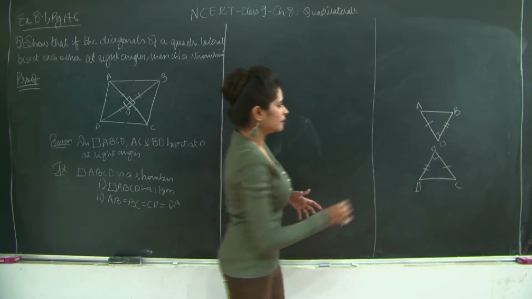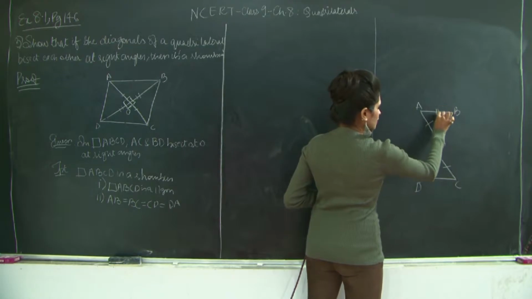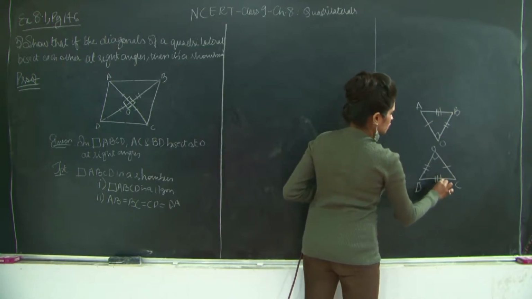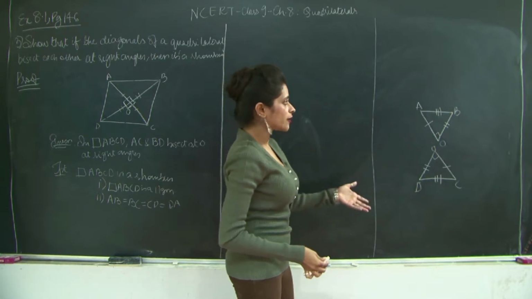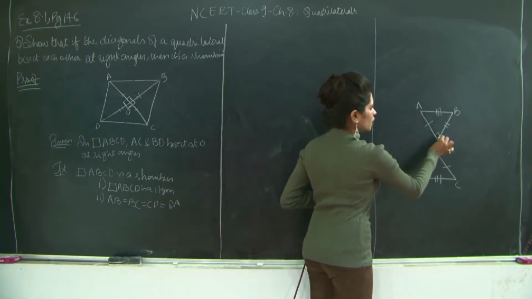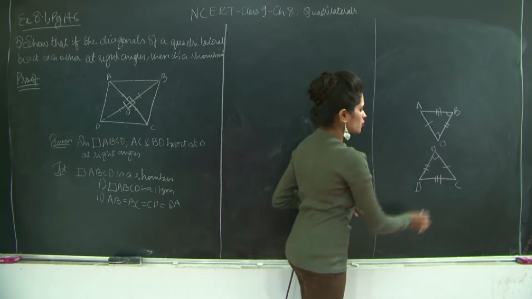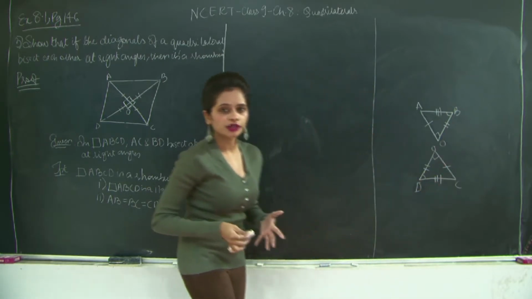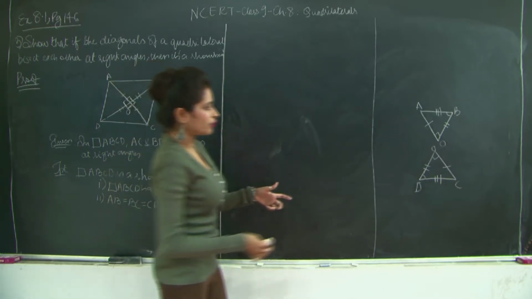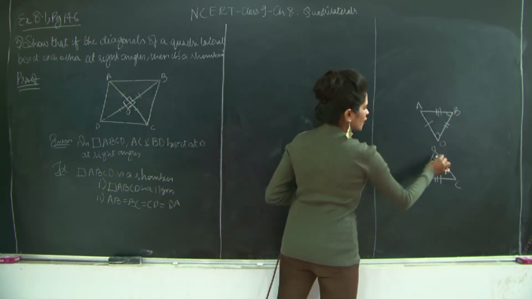Therefore, what can I say? That AB is equal to CD. Why? Corresponding pair of congruent triangles. Also, I can show that angle ABO here is congruent to angle CDO. Why? Corresponding pair of congruent triangles. So, therefore, now if you notice, these are a pair of alternate angles.